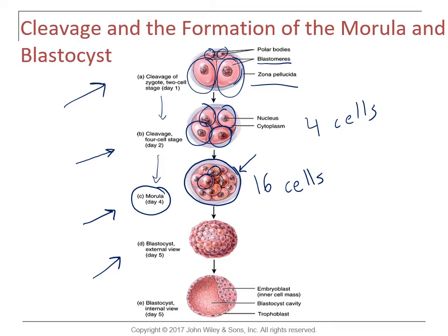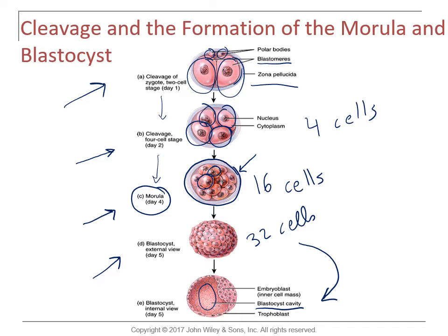Day 5, here, figure D. At the 32-cell stage, here we have the 32 cells. The fluid enters the morula. It collects between the blastomeres and reorganizes them around a large fluid-filled cavity. This is called the blastocyst cavity. On day 5, inside we have this cavity here, which is the blastocyst cavity.